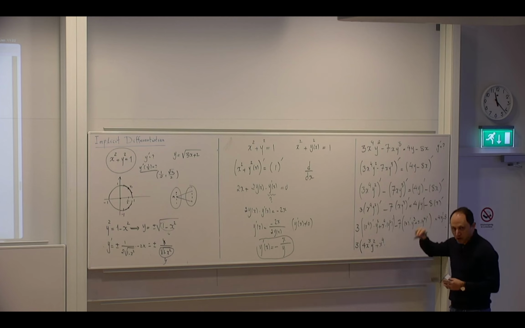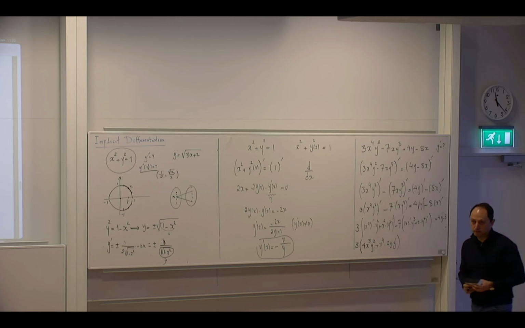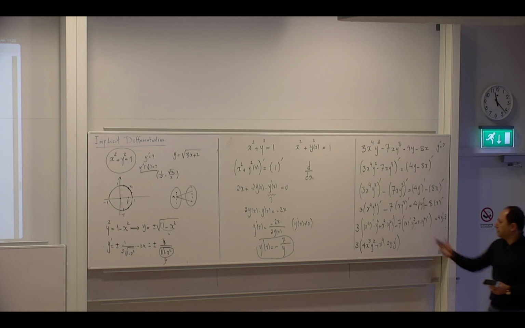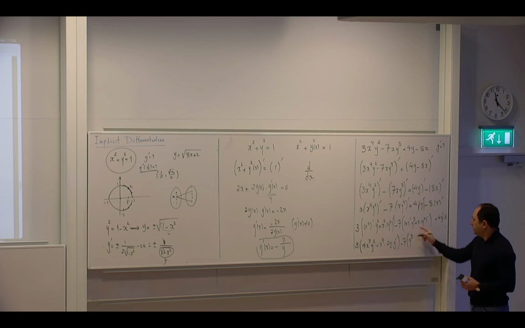Remember, y depends on x. So it is 2y, but it is not finished because y depends on x. You have to multiply by y prime. Is that right? Okay, and then continue. So minus 7, the derivative of x is 1, so it becomes y cubed. Again, plus x times the derivative of y cubed is 3 y squared, but y prime.